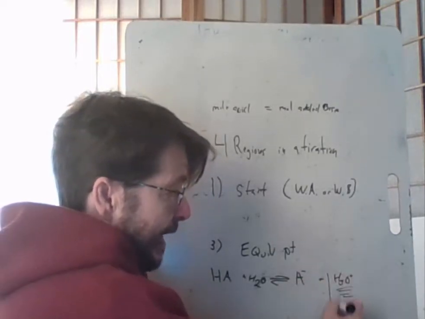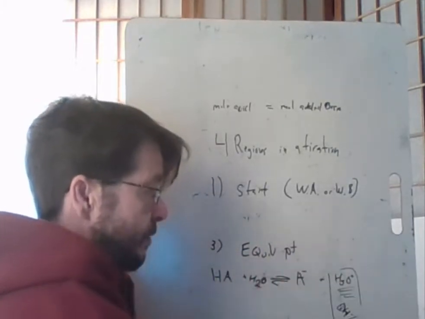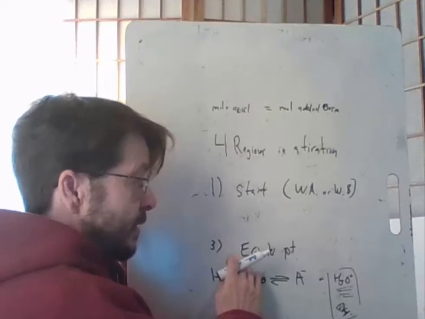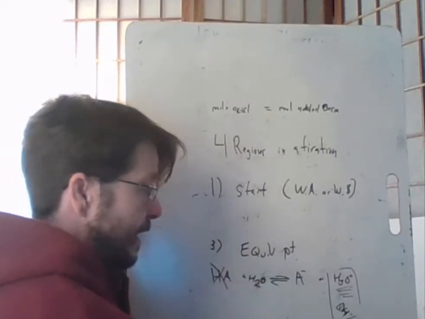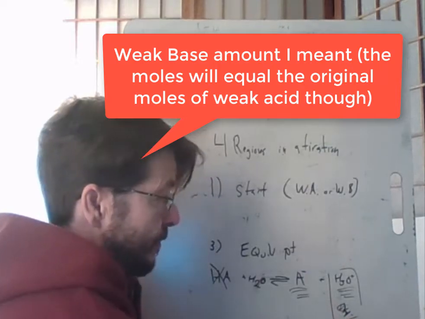So these cancel one another out, and then the system responds by shifting the reaction this way. At the equivalence point, there's no more acid left. And so all we have is this weak acid amount.